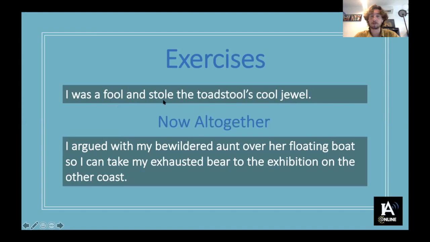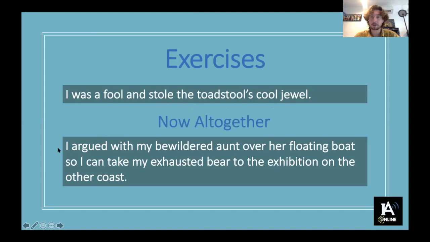I was a fool and stole the toadstool's cool jewel. Notice here how this is spelled totally differently than this one, but cool and jewel sound the same. Ool. I was a fool and stole the toadstool's cool jewel.